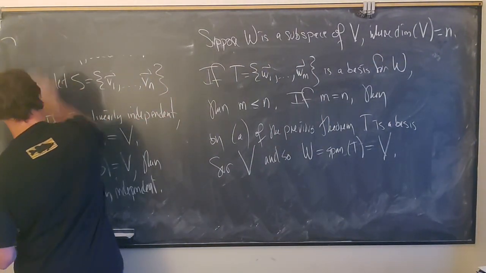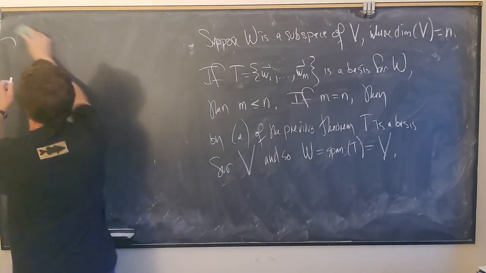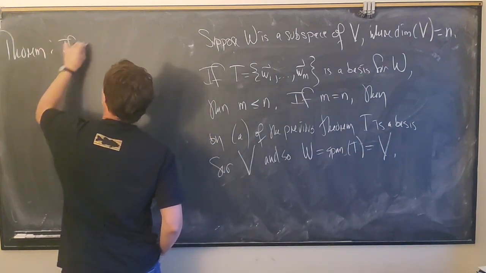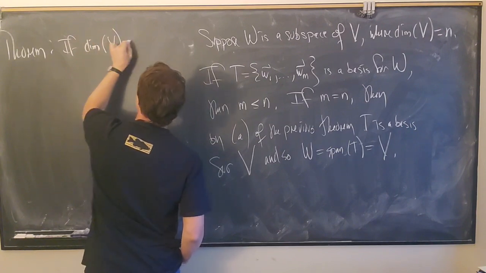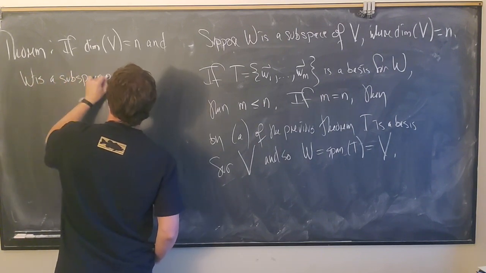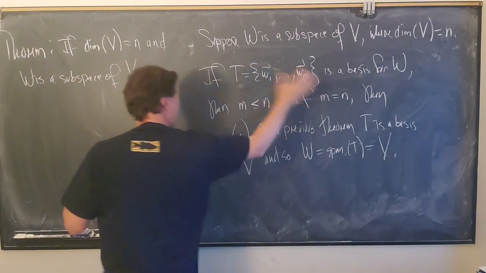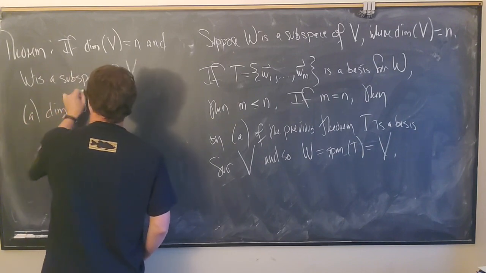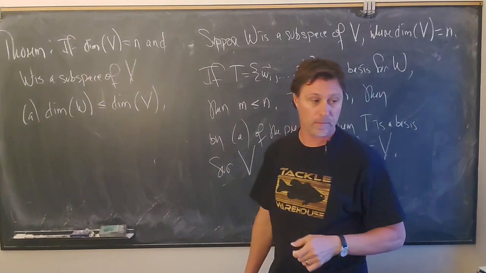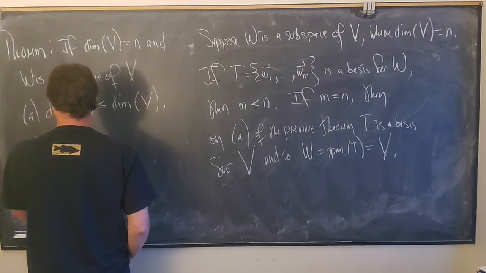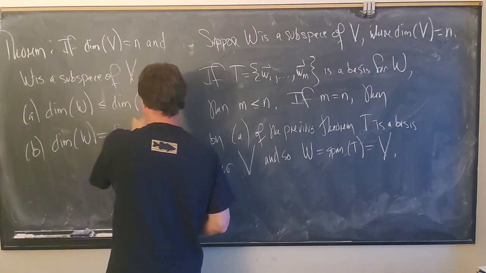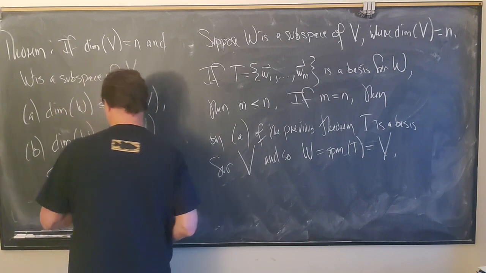Let's collect that in a theorem. So if the dimension of V equals n and W is a subspace of V, the first thing, part A, what we showed here: the dimension of W has to be less than or equal to the dimension of V. Second, part B: the dimension of W equals the dimension of V if and only if W is equal to V. Right?